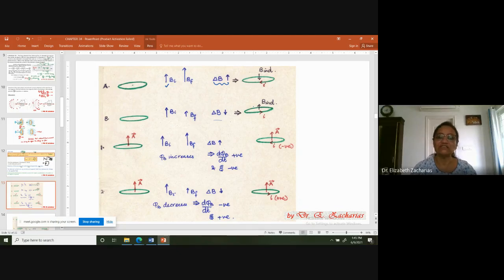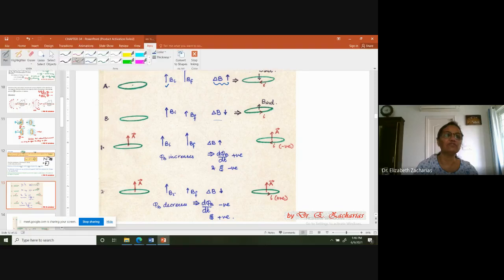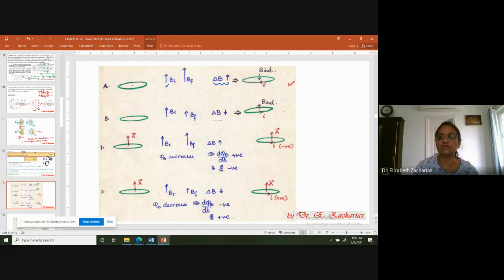Is this right, guys? So now what I have done here is I have the first two pictures, where I have simply used magnetic field without using the word flux. Now, in case you are not understanding what this delta B is and having a direction, delta B is actually BF minus BI.